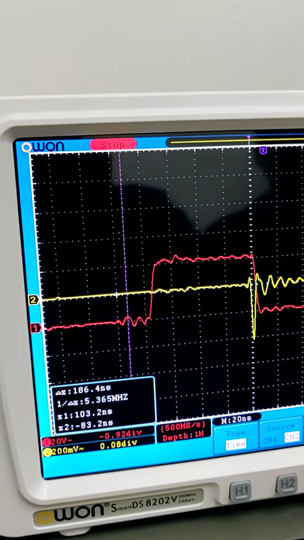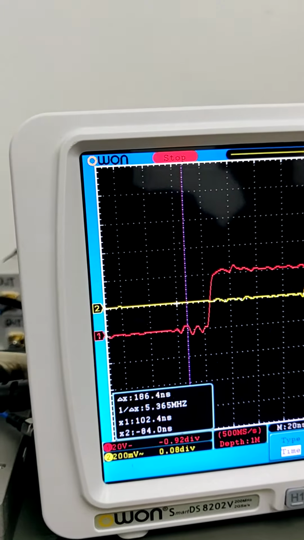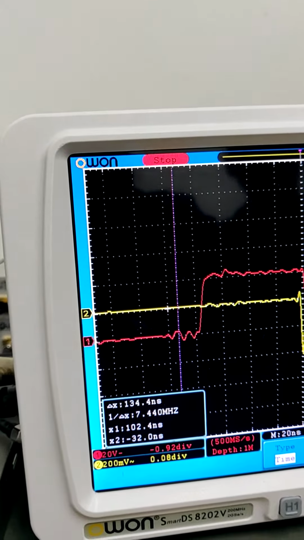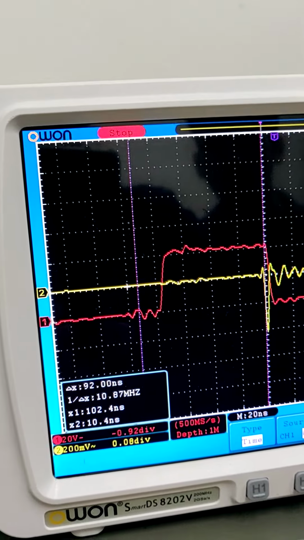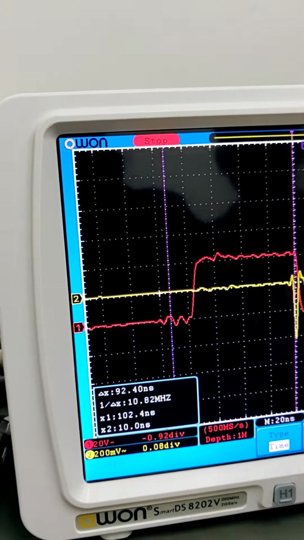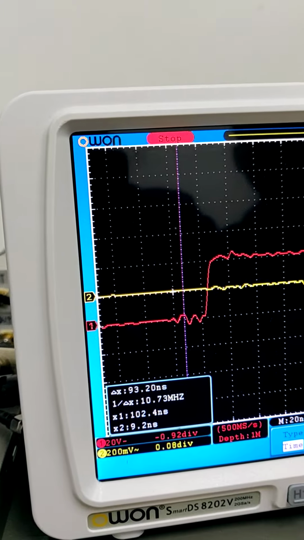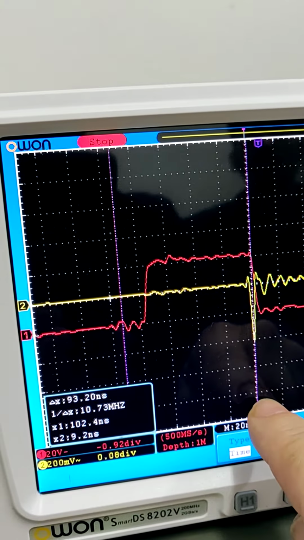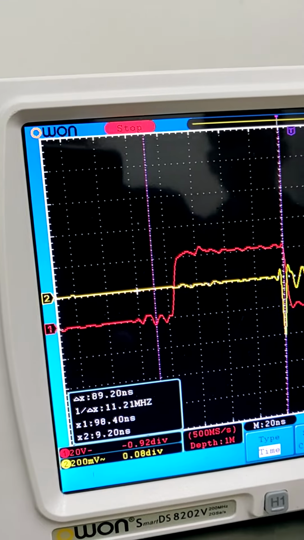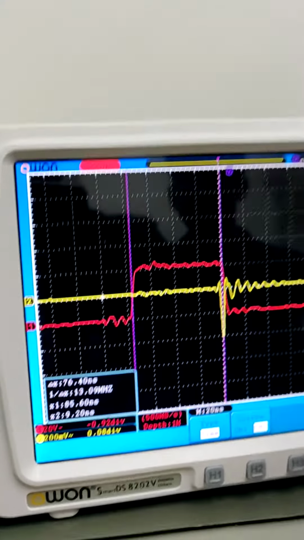Let's see how much. So we'll take the two cursors. The first one we'll put here, in the middle of the white line as before. And we'll take the second one to the middle of the slope here.